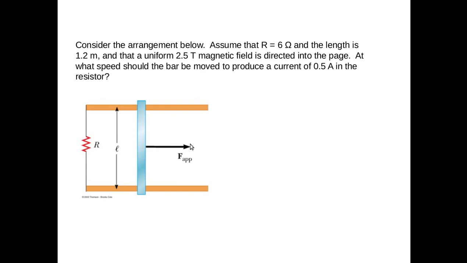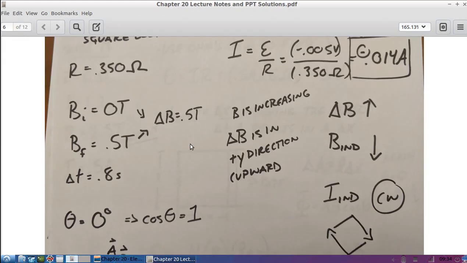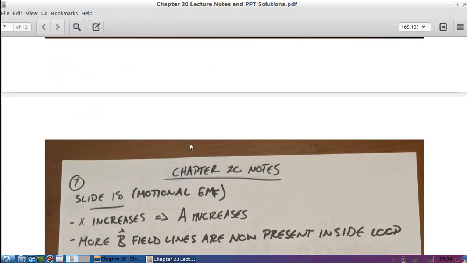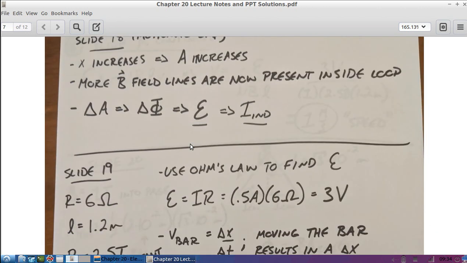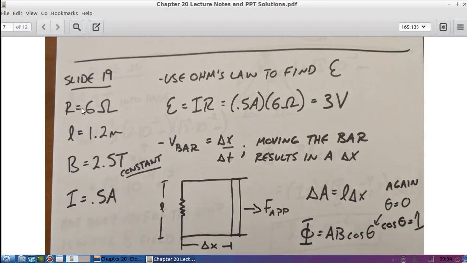Speed isn't in our expressions, and we don't have time, which is kind of strange. So I'll start by just writing down everything I have. I've got a resistance. I've got the length of this side of the wire, but I don't have this length.